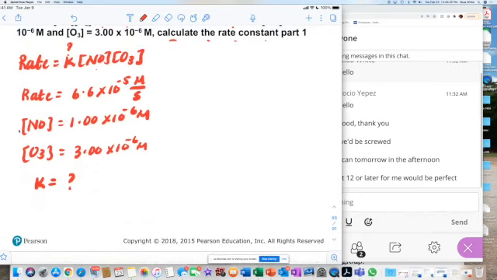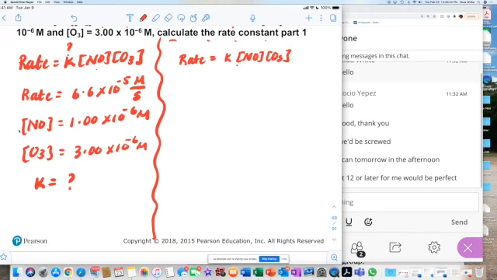Just rearrange. I'm going to work this out on this side without adding pages. Rate equals K NO O3. We're trying to solve for K. Divide by NO, O3, divided by NO O3, cancel, cancel, cancel, cancel.